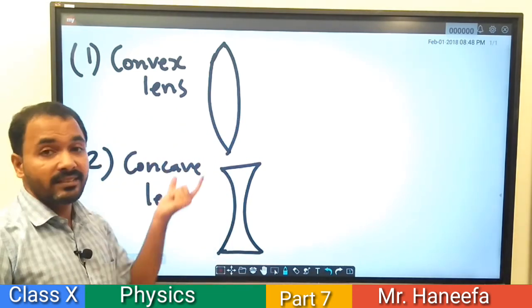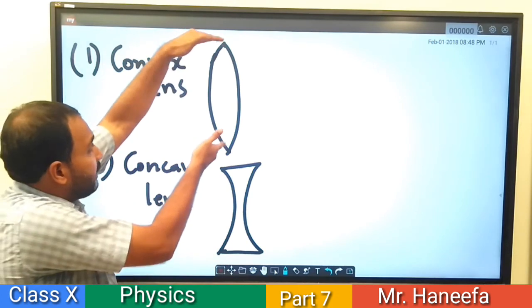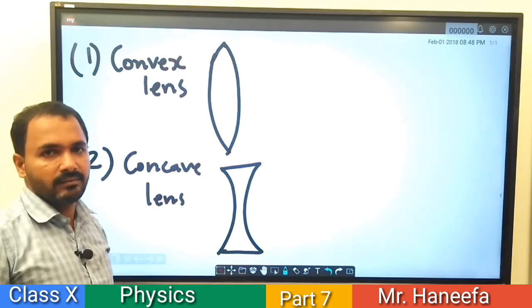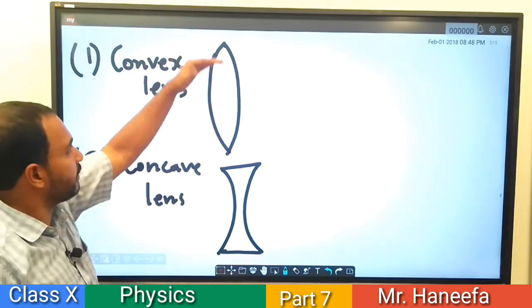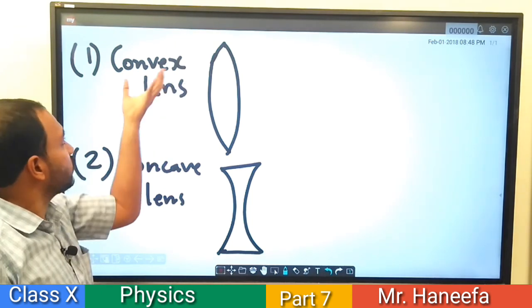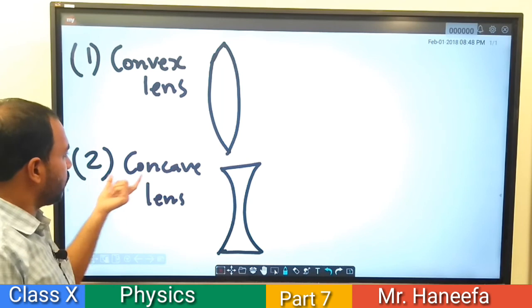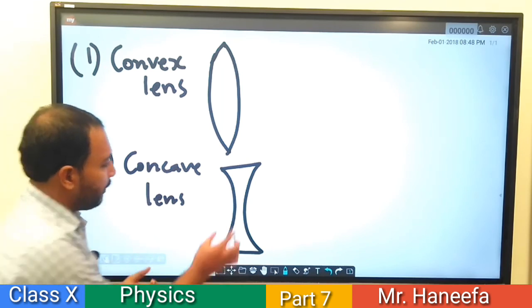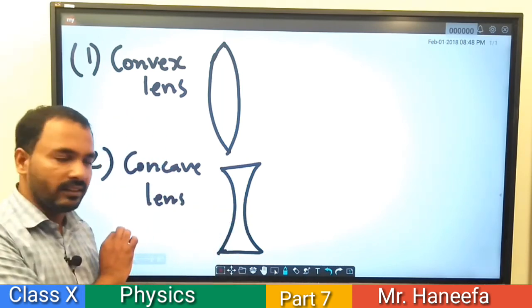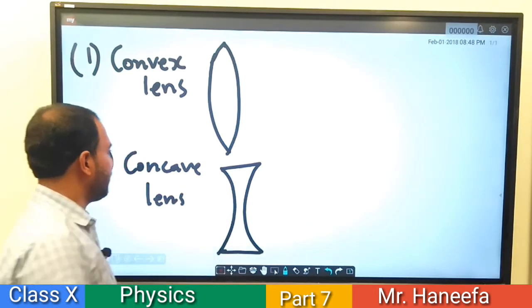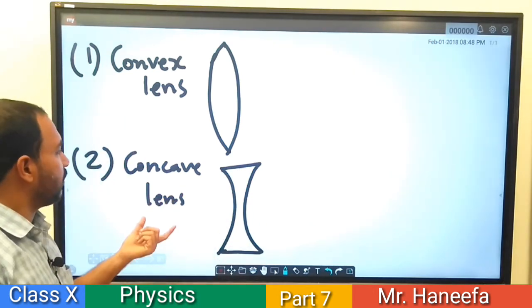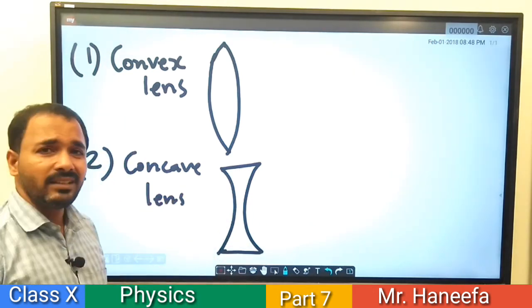The middle portion is thick and the ends are thin. Such lenses are called convex lenses. Then what is a concave lens? The middle portion is thin and the ends are thick. This type of lens is called a concave lens.